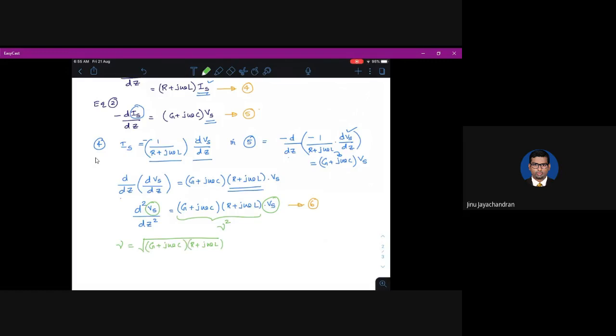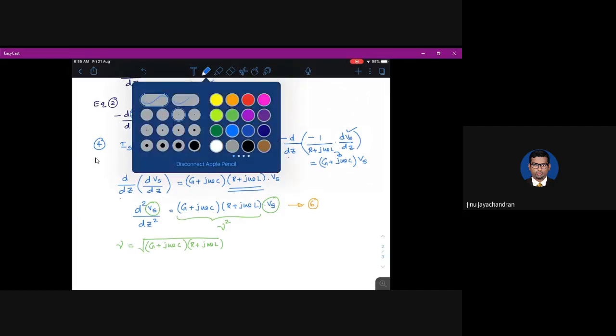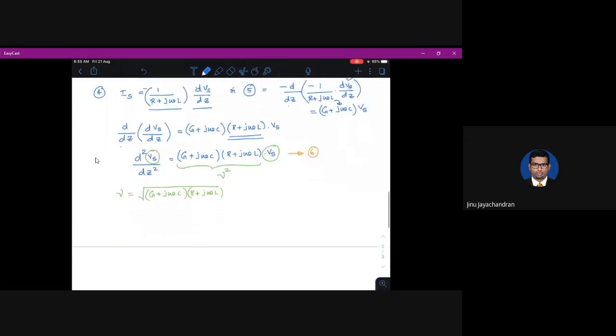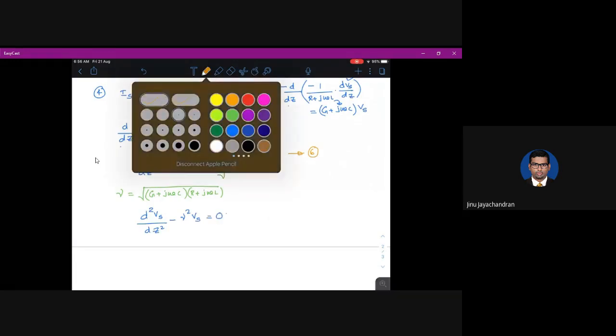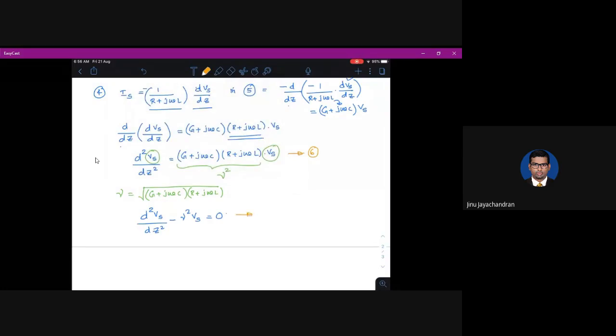I can always bring the right hand side to the left hand side, which will become d square Vs by dz square minus gamma square into Vs is equal to 0. And this is our final form of our equation in terms of the voltage.